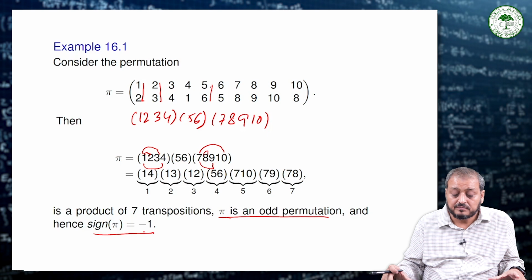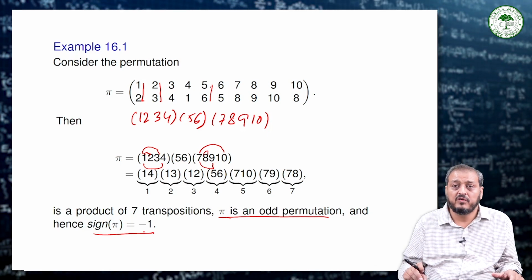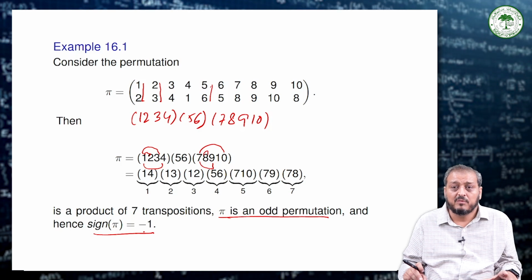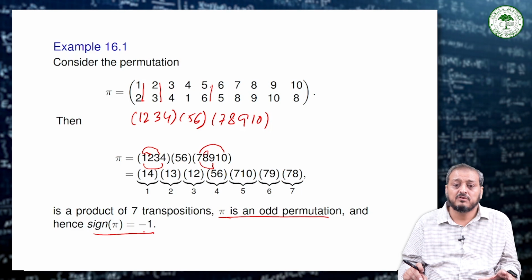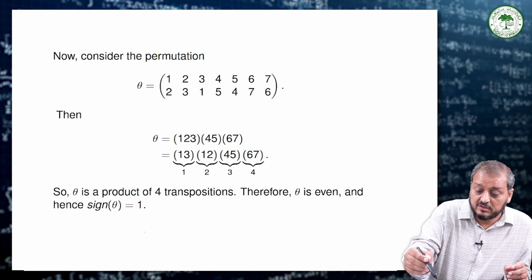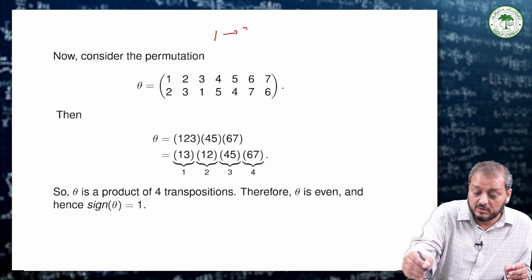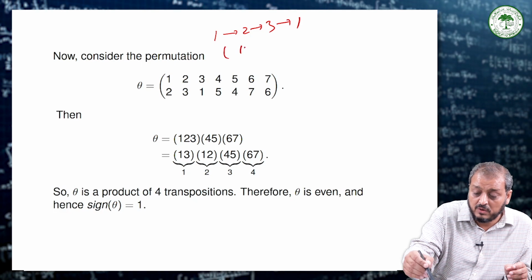We can easily calculate whether a permutation is even or odd, and then we can easily find the signature of such a permutation. Now consider another: 1 goes to 2, 2 goes to 3, and 3 again goes to 1. So we have (1 2 3).